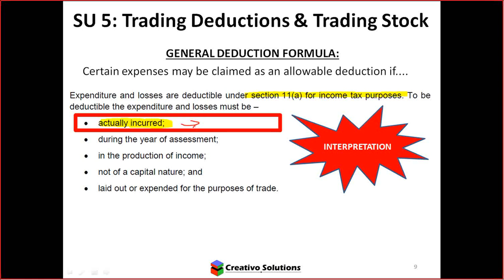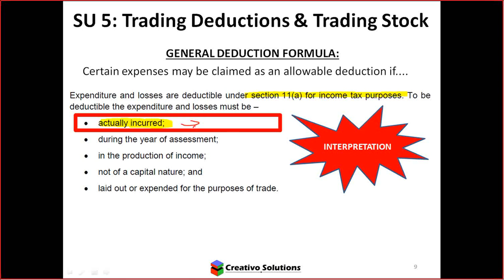Kind of, but remember, you're looking at 2 points. You're looking at point number 1 and then point number 3, which is in the production of income. Oh. Okay, because you're saying, what did I use that expense for.